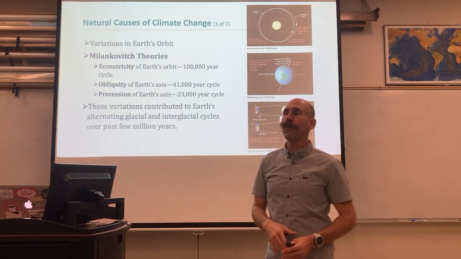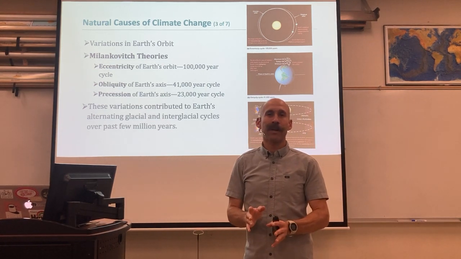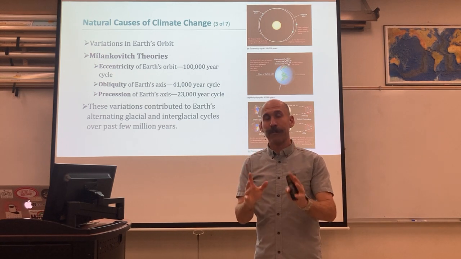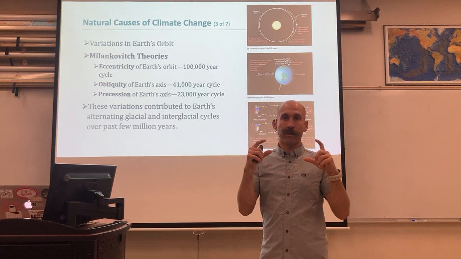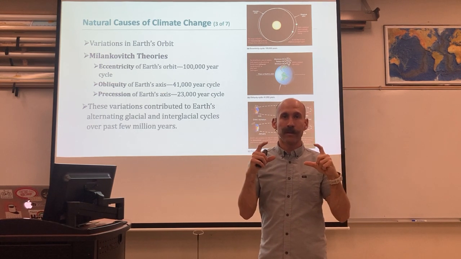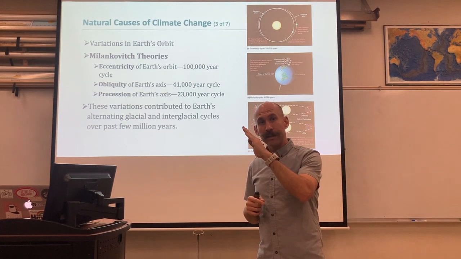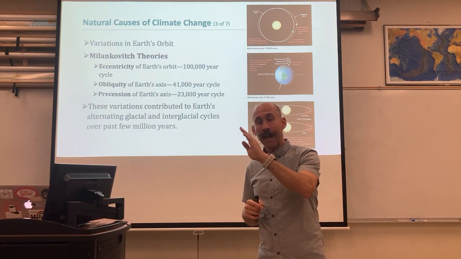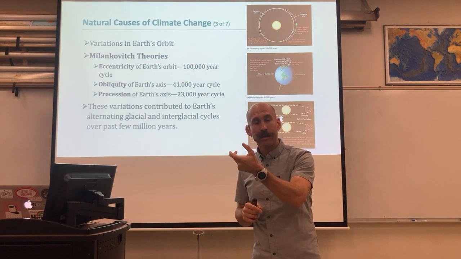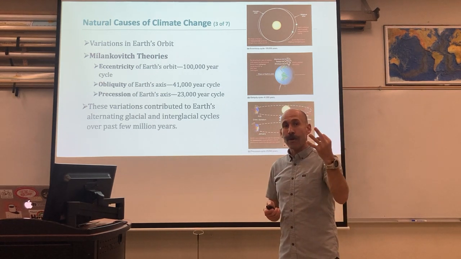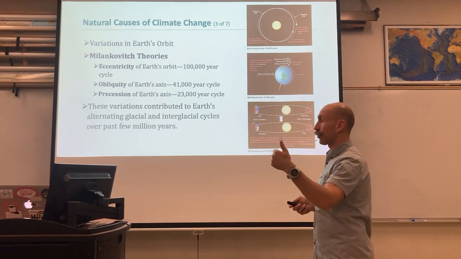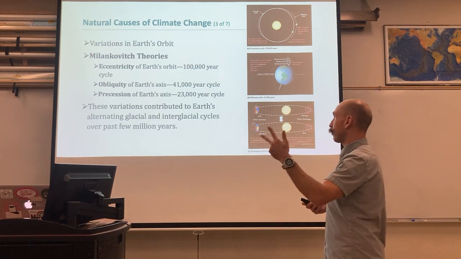Okay, if all of that was like, what the heck are you talking about? We can break it down a little bit more simply. Because the Earth revolves around the sun and is tilted on an axis and spins, it causes a natural variability in those three factors: eccentricity, obliquity, and precession.